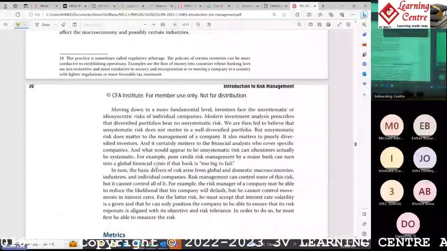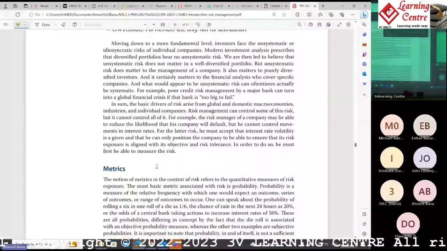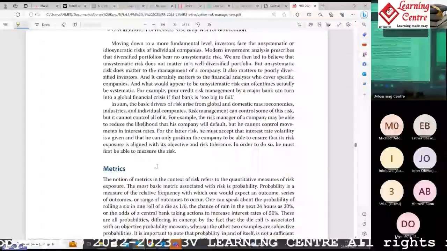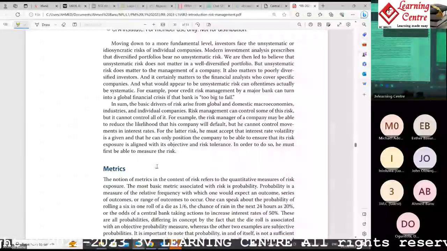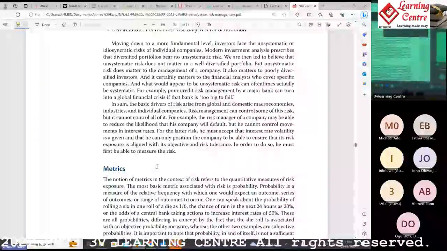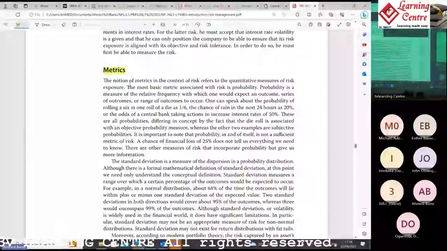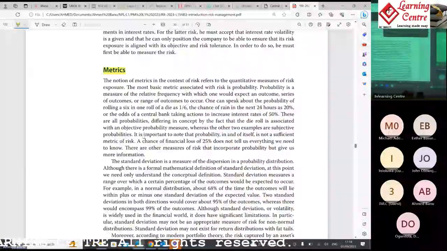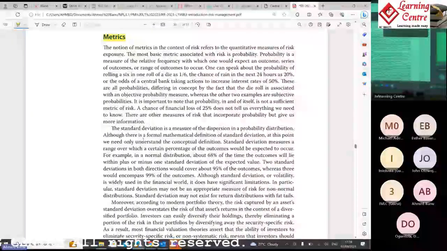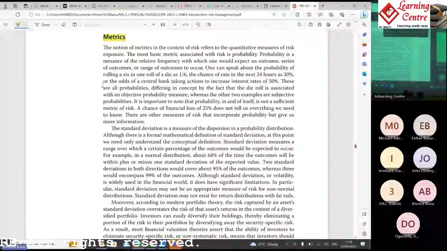So you need to first understand the risk drivers before you can say you want to measure. And that's what takes us to the metrics of risk management. So the number one metric of risk management that you can never run away from is the concept of probability.